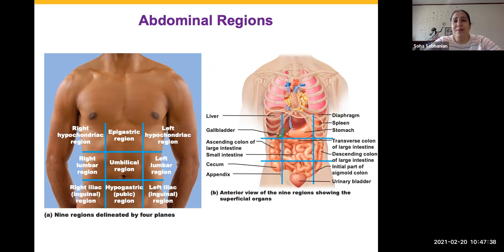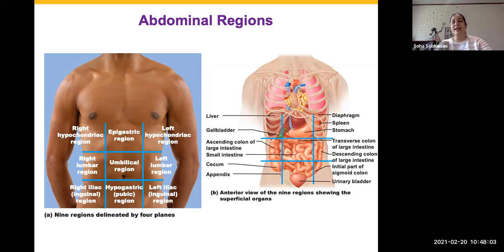Some of my students asked, and this is the last thing I want to talk about, why do we care about learning the regions and quadrants? Going back to what I mentioned earlier, this has to do with people who do imaging, such as CAT scans, CT scans, radiology, and ultrasound. When a doctor wants a radiologist to take a picture, they don't say take a picture of the stomach.